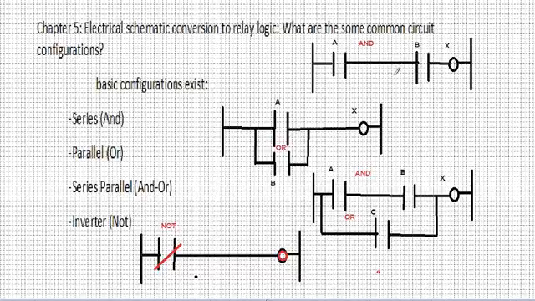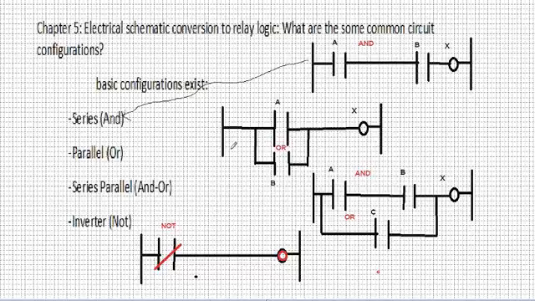What this series configuration says is that A and B have to be in series for X to work. If A is true and B is true, then X will be true. Otherwise, X will be false. That will be our series configuration. I'm going to come back to that in a little bit so that we can review.